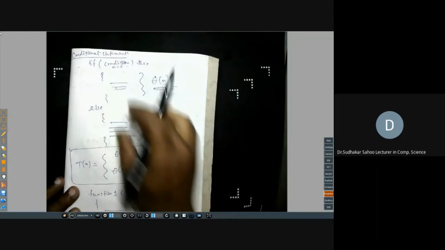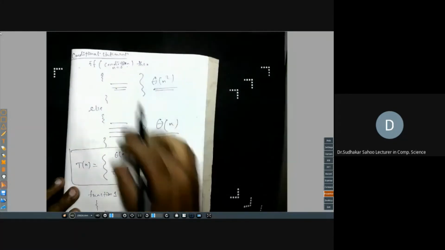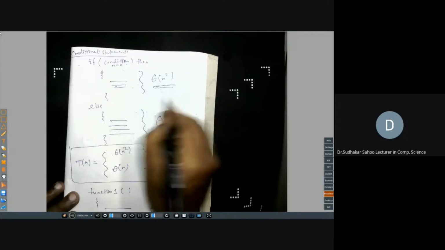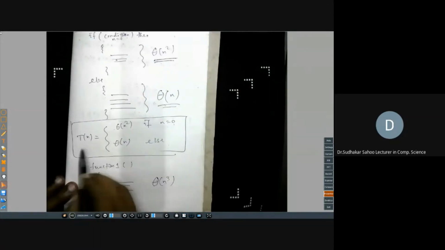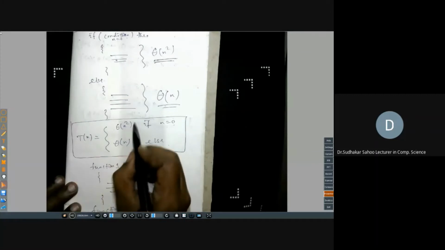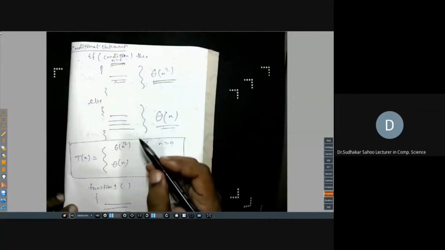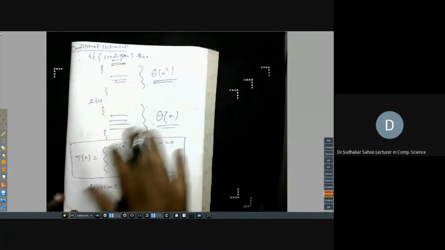You find the time complexity of the if part, the else part, and the else if part. Suppose the time complexities are theta n square, theta n, and another is theta log n. Then you write it this way: the time complexity is theta n square if the condition holds, suppose n equal to 0, else theta n. This is the if else statement.